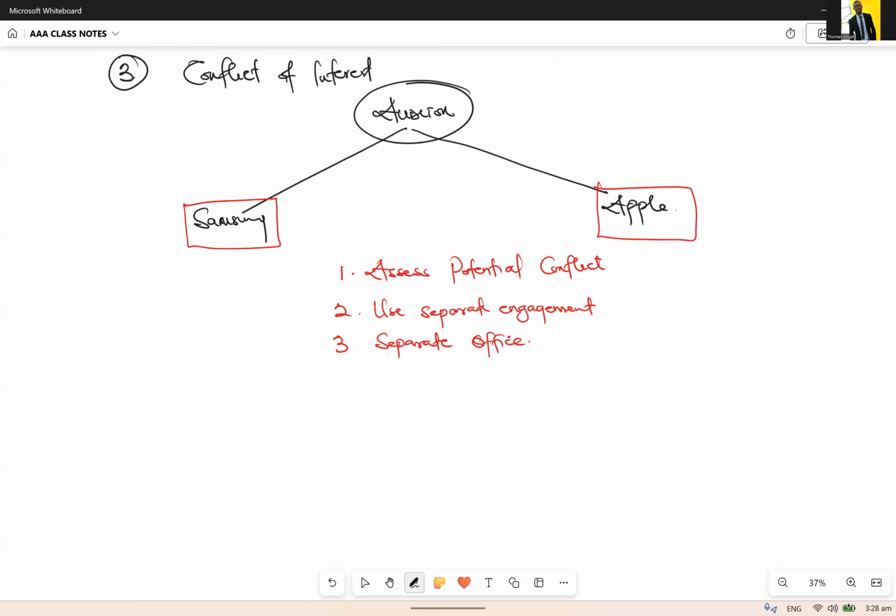So Deloitte Ghana, Deloitte Nigeria, that is what you are doing. All right, so that is that. Then whatever work is being done, assign independent partners to oversee each engagement.